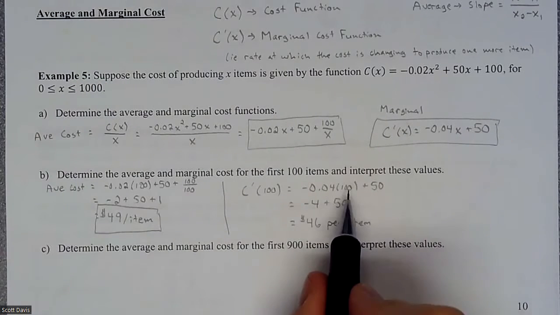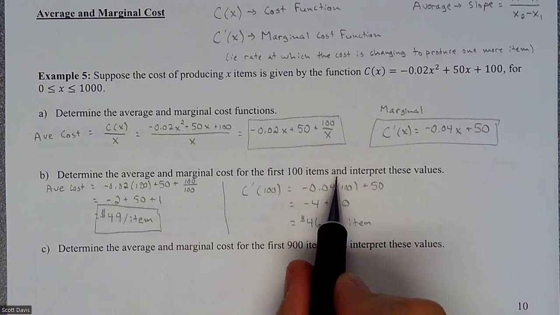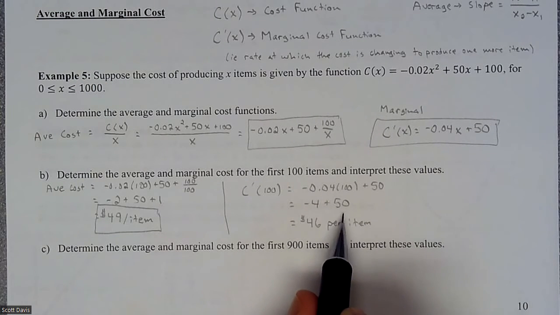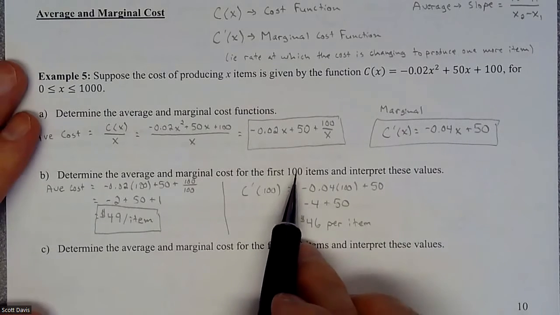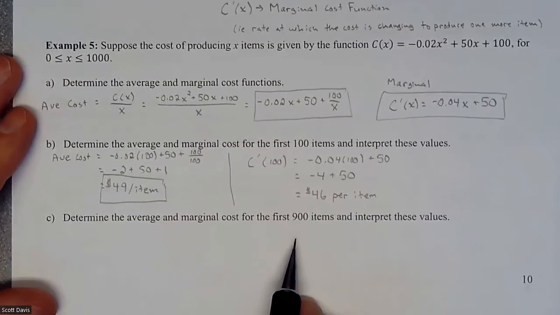But if you notice, the more you start to do, the bigger this negative is. And so the more impact we're going to have reducing it down. Right? So if we do the next one, you can kind of get a feel for it. So this is for the first 100 items. Now let's do it for the first 900 items.